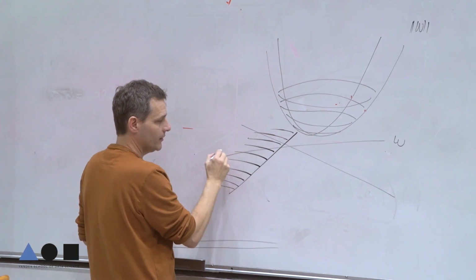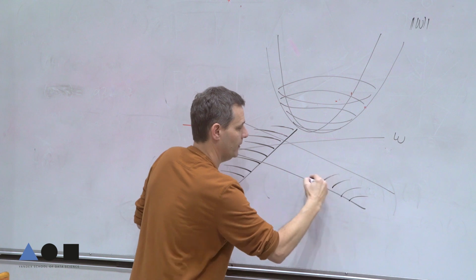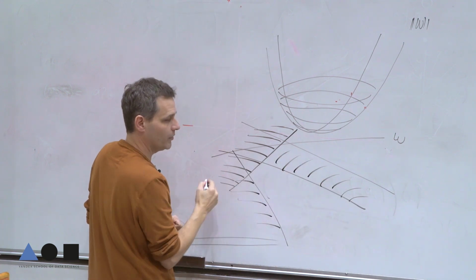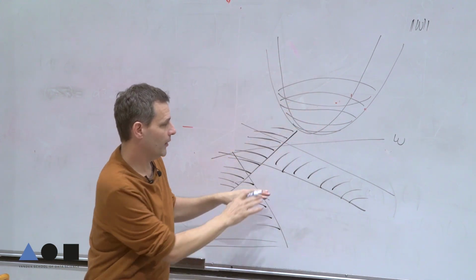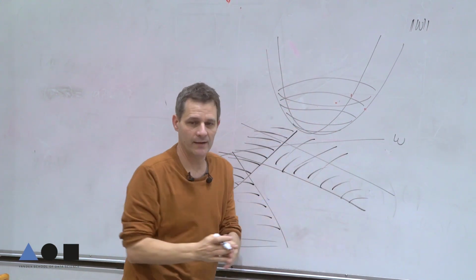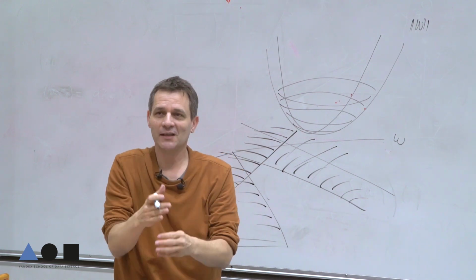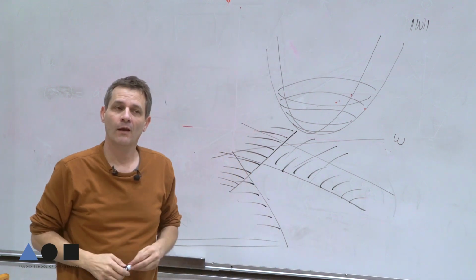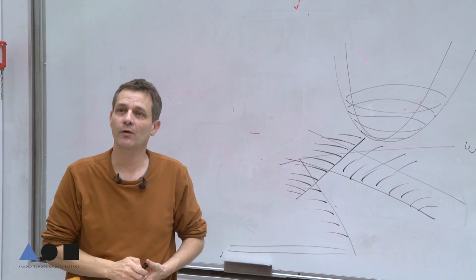And then there's another sample, you're only allowed to be here. And then there's another one that you're only allowed to be here. So you're looking for the minimum of this, but your search space has all these separating half spaces that allow you to be only on one side, not the other side. And of course, there is a solution because we know that the data is linearly separable.